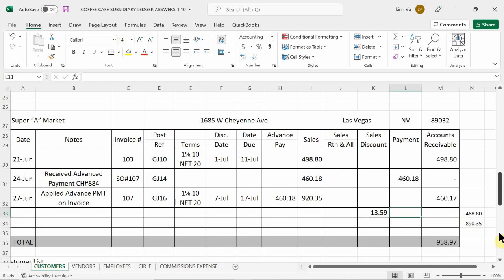What I mean is the advance payment is like 460.18. The accounts receivable is 460.17. Is that correct? It should be 460.17, yes.